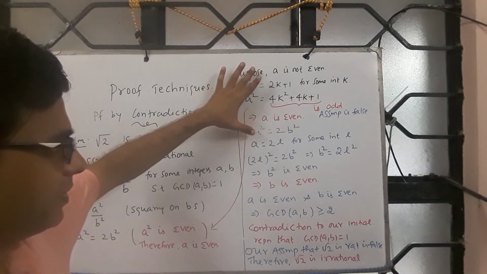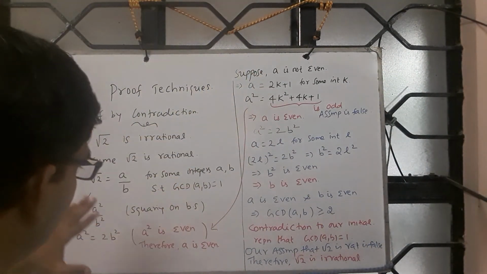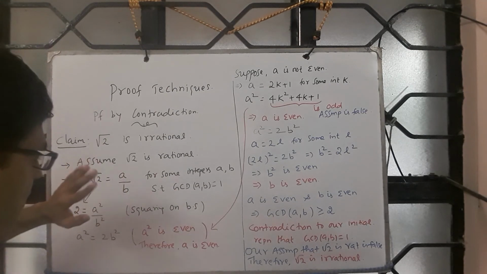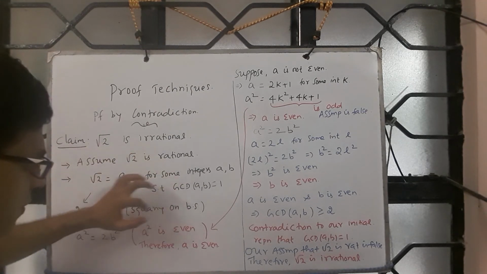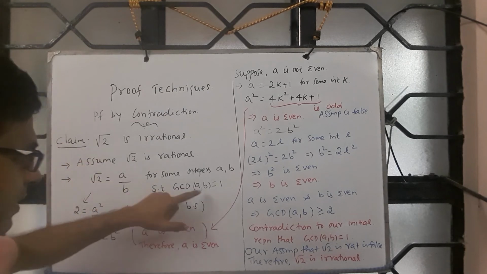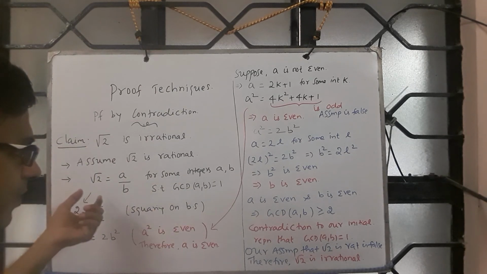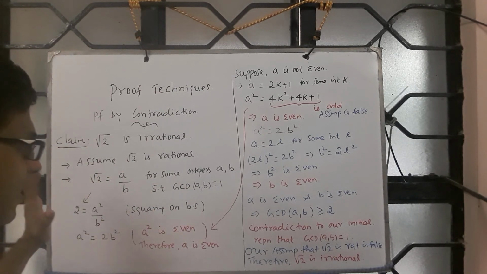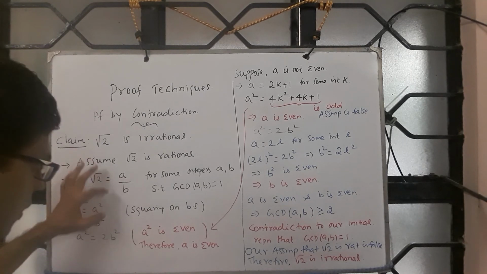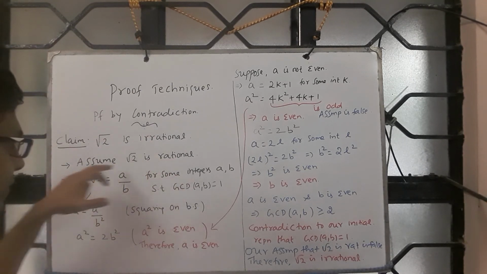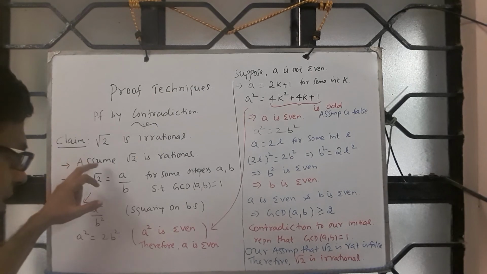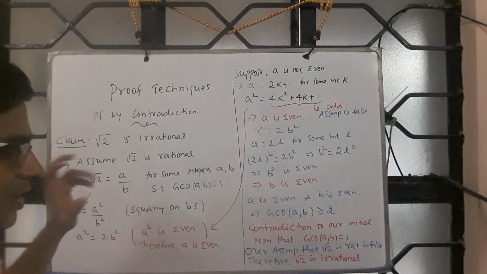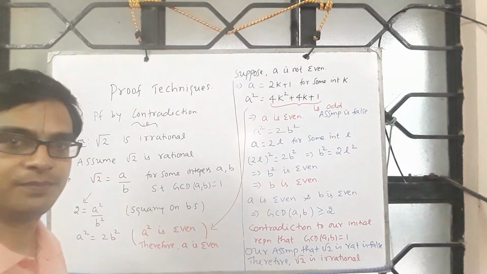Similarly, this part is an independent module, there are no assumptions here, and this comes from this, and we represent it in such a way that GCD of a comma b is 1, which is correct and valid, and all this because of this statement. So this assumption is incorrect, therefore root 2 is irrational.